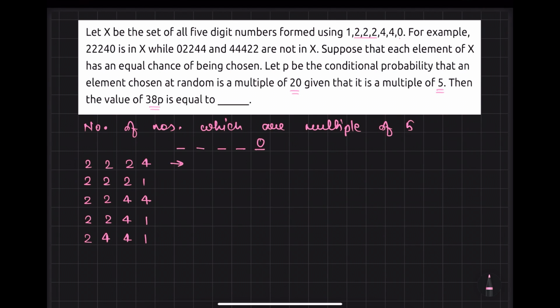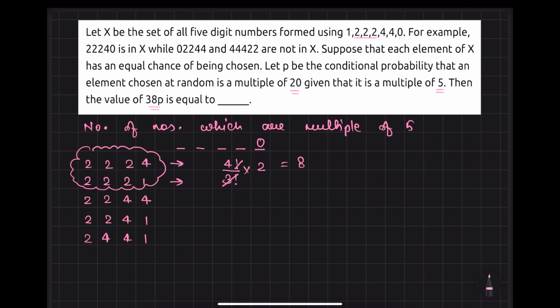In the first two cases, the total number of digits to arrange is 4, so 4 factorial, out of which 2 is repeated thrice, so divided by 3 factorial, and it is valid for both cases, so multiplied by 2, so it is 8.